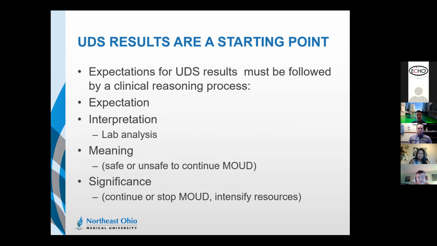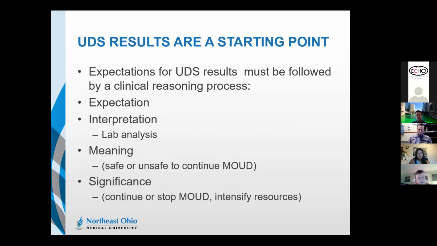True positive test has a meaning. So a true positive benzodiazepine for my patient that I know has a benzodiazepine prescribed by their psychiatrist, they really need it, they benefit from it, they functionally improved, is different from a true positive benzodiazepine where the patient has no prescription and I don't know what it's doing there.